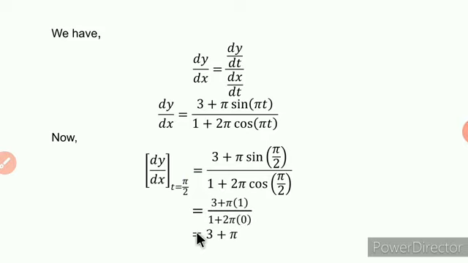It is equal to 3 plus pi is our required answer. Means the required value for dy by dx at t is equal to 1 upon 2. Here instead of pi we require 1. Okay. Make here correction. Here is 1.